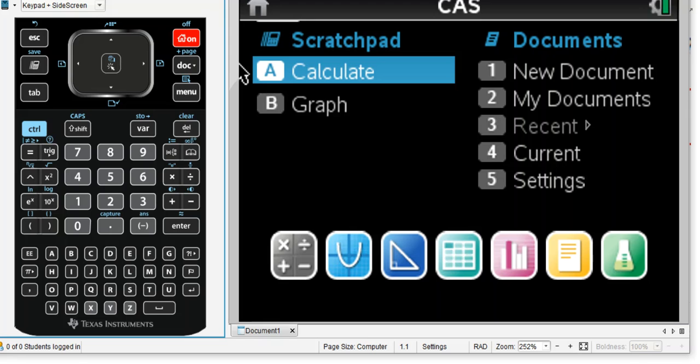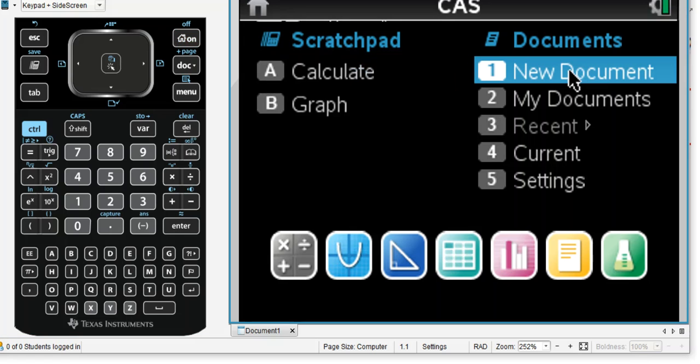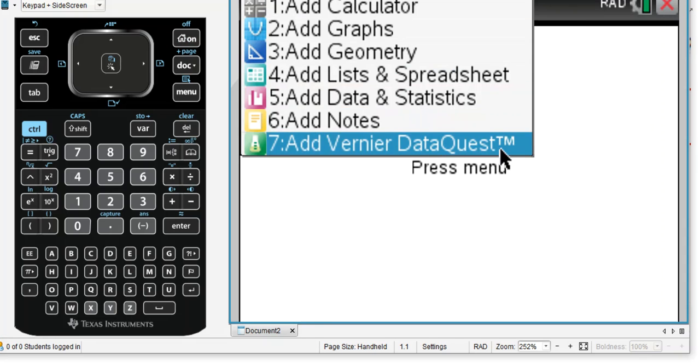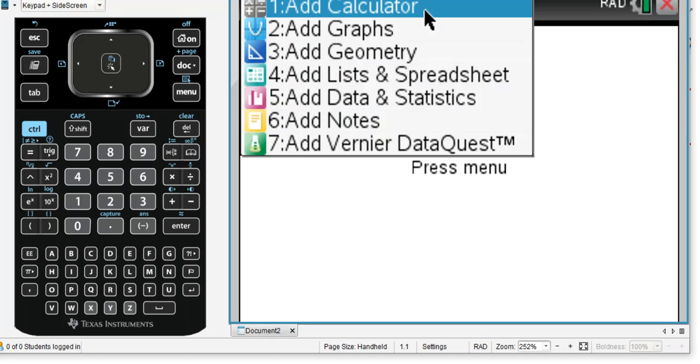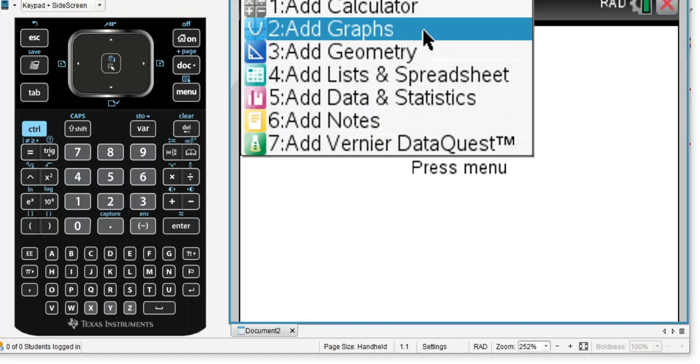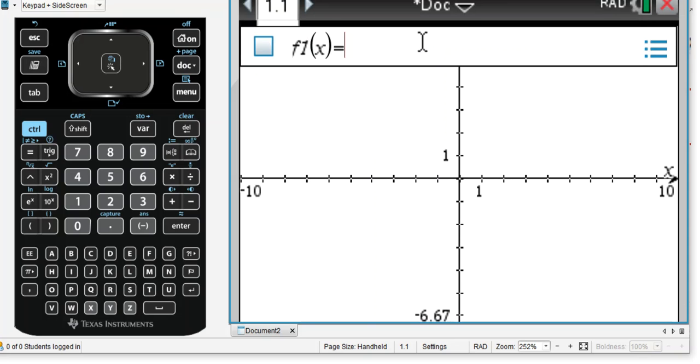So I've turned it on, and again I press the on or home button until we get to this screen, and I'll choose new document. If we get an error message, I'll always say no, I don't want to save any of the prior user's work. But this time I'm going to press number 2 to select a graphs page.